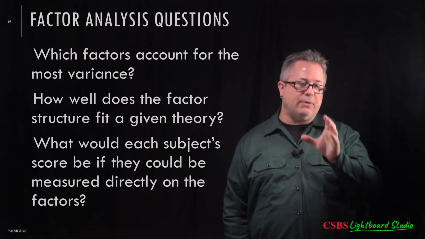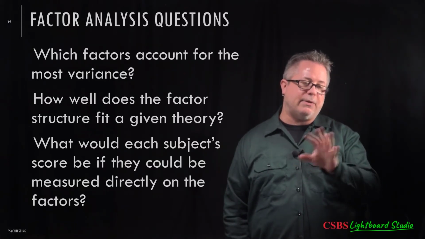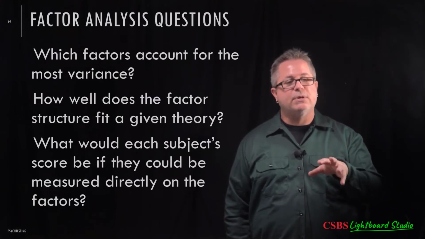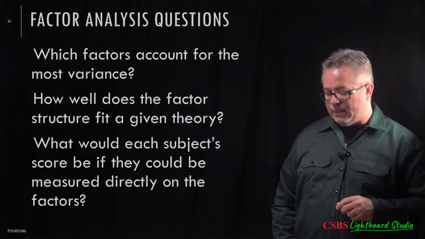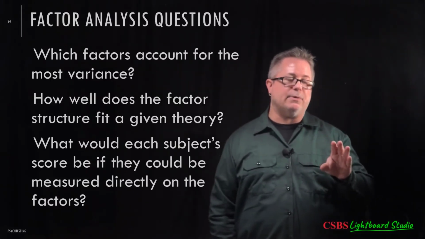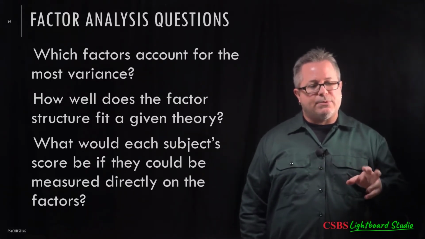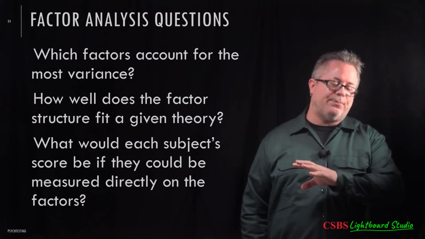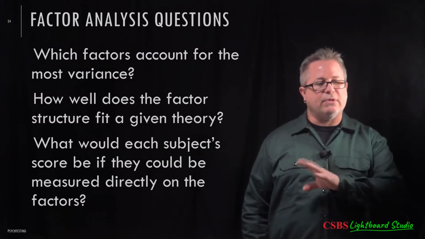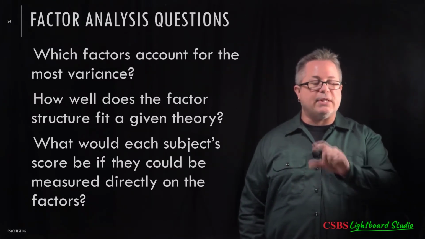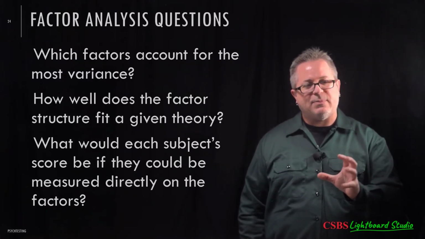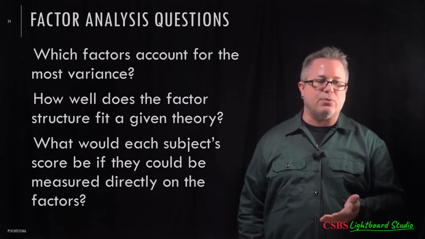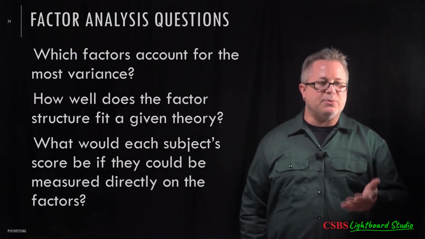If you find a factor and a bunch of items that look like they're about losing interest, losing fun in things you used to find interesting and fun, and you have an anhedonia factor, well, I don't want multiple items. I have these weights and things, these regression-like slopes that I can use to then combine those items together into a single factor score that I can then use as a variable.